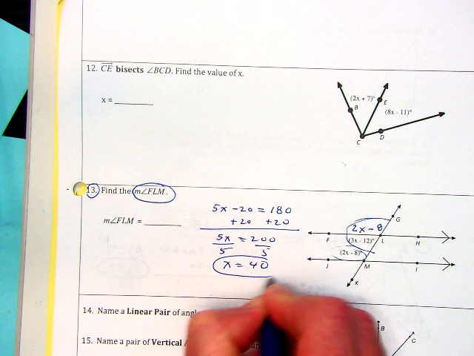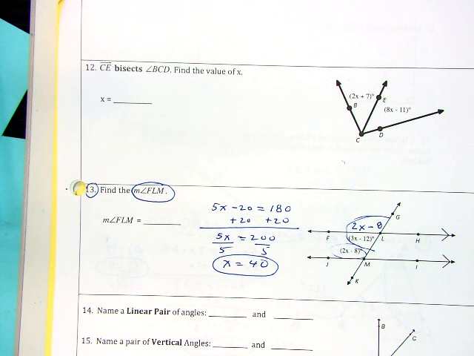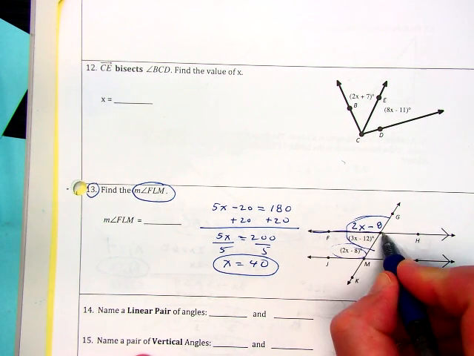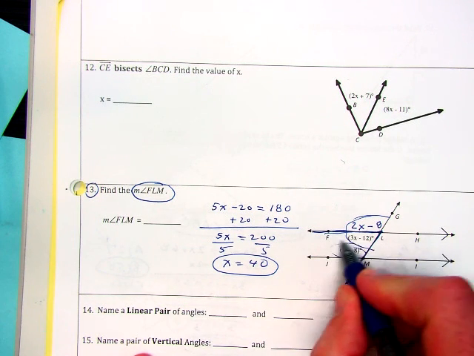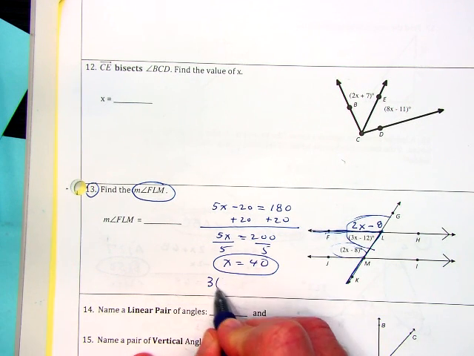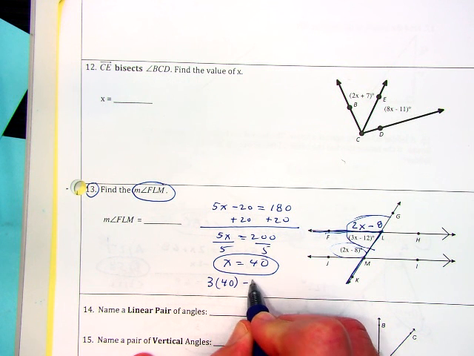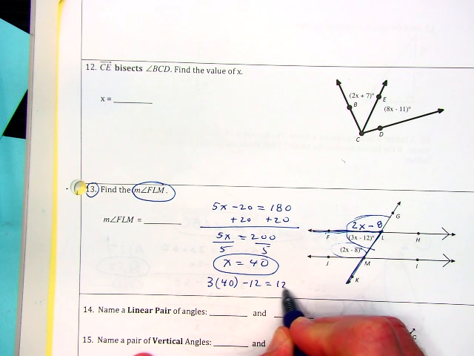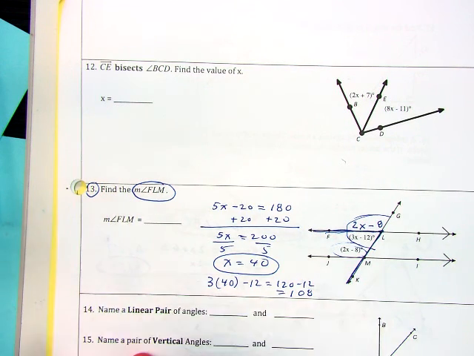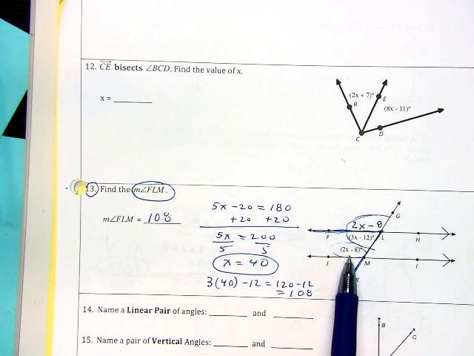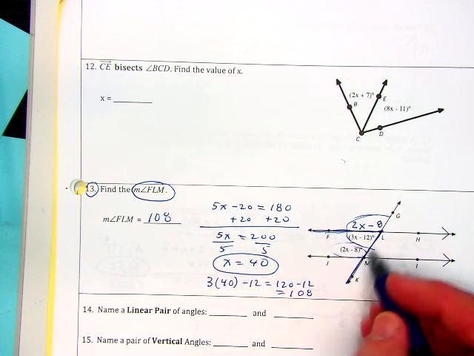So my x value is 40, but I'm not done, because we need to find the measure of FLM, which is this one. Okay, so I'm going to plug it into the 3x minus 12. So 3 times 40 minus 12 is 120 minus 12, and that would give me 108. Okay, if I would have plugged it into the other expression and worked it out, I believe I would have gotten 72.